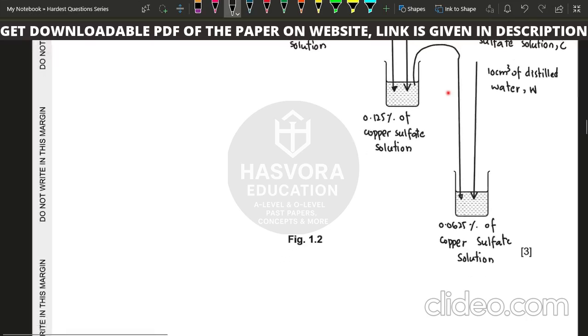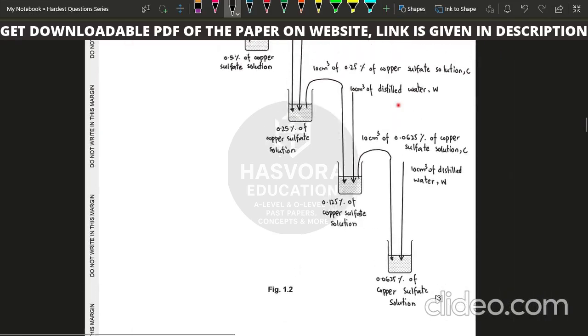Okay, so this will be the whole diagram. You just have to make it like this to gain full marks.